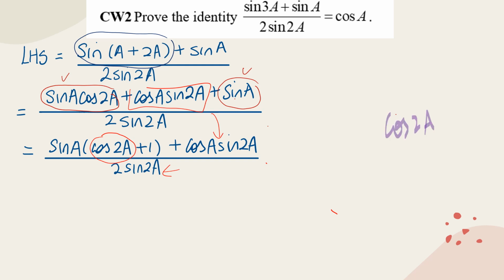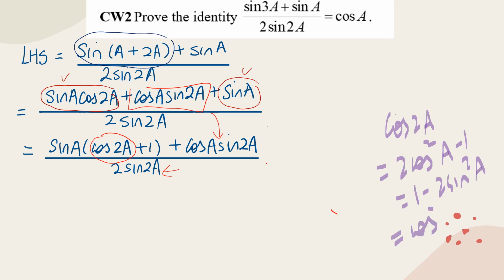It can be 2 cos squared a minus 1, or 1 minus 2 sine squared a, or cos squared a minus sine squared a. So we need to decide which one to use. The simple rule to go by is to use the one that will help us to simplify your term. You understand what I'm saying?